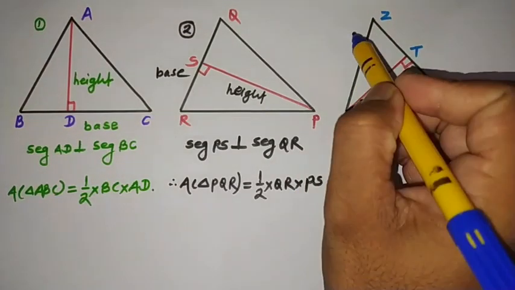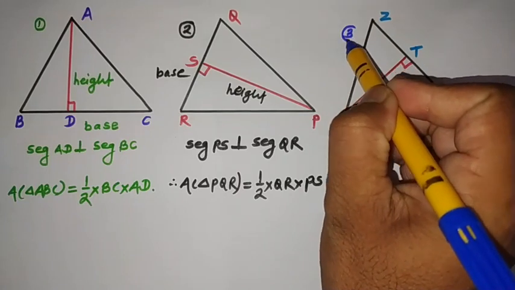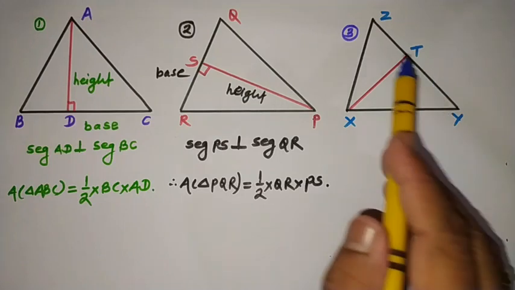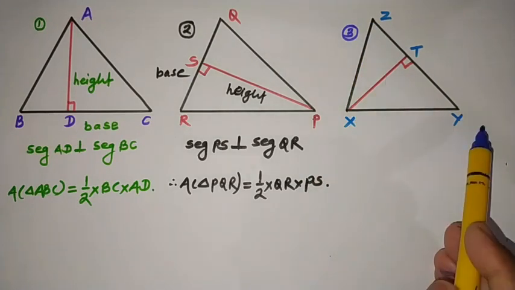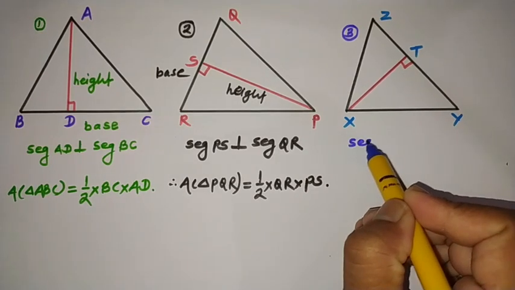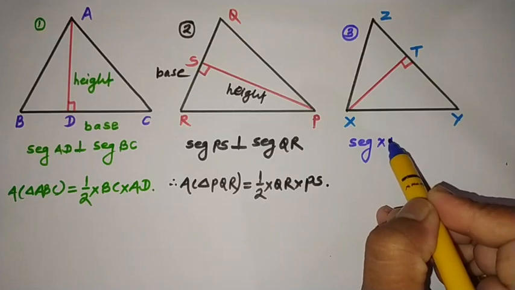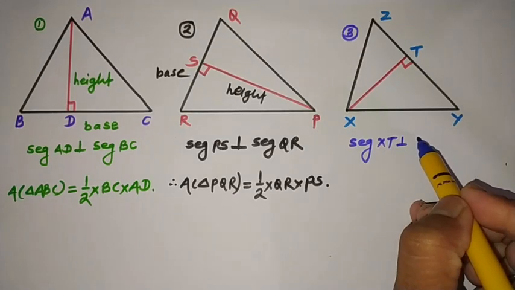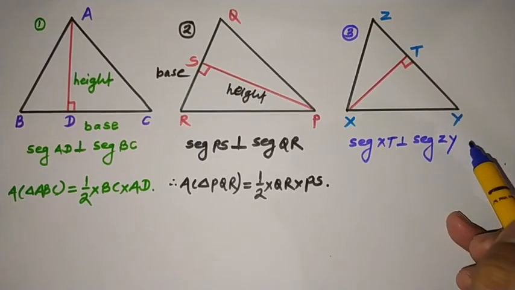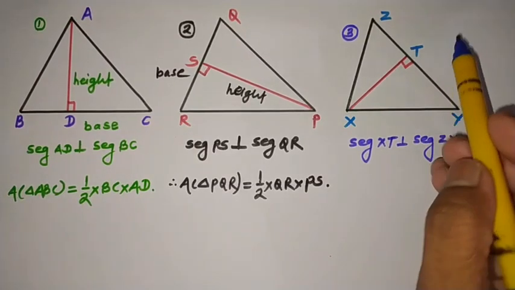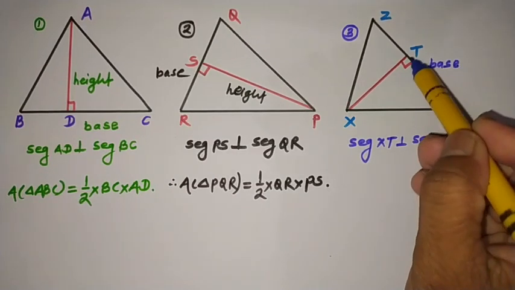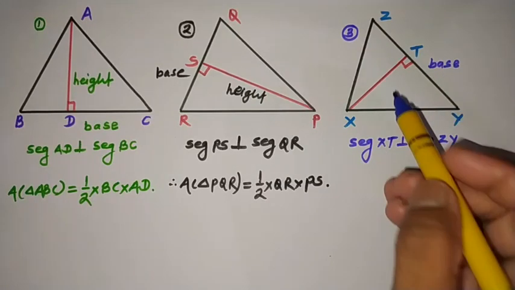See figure number 3. In the given figure, segment XT is perpendicular to segment ZY. In this figure, base is ZY and the perpendicular segment XT is the height.